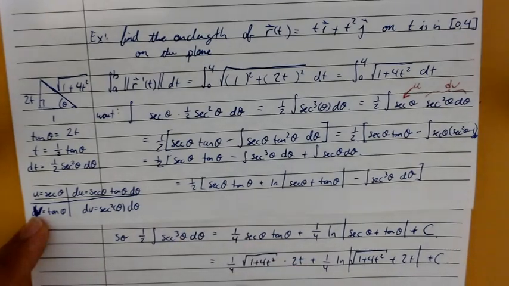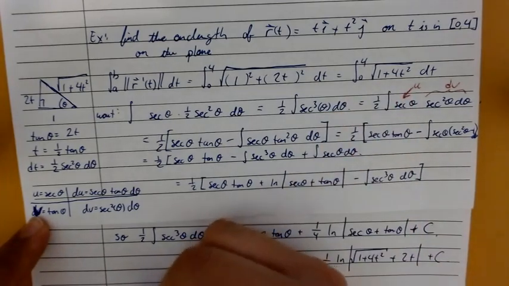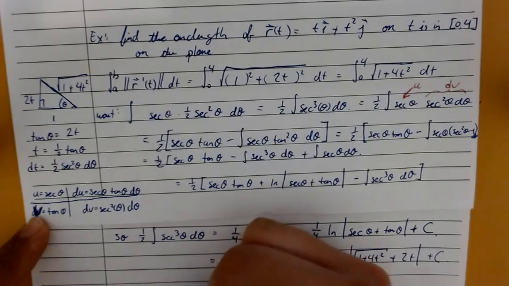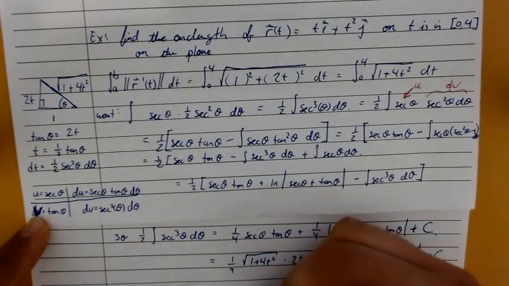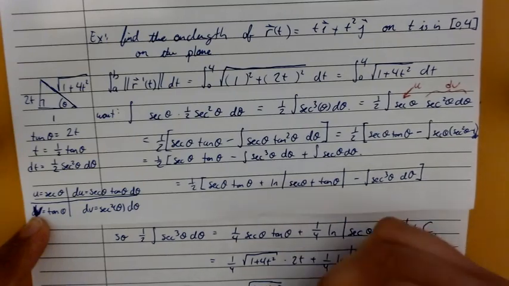So now that we're back in terms of t, that means that our integral from 0 to 4 of the square root of 1 plus 4t squared turns out that was all of this stuff: 1/4 square root of 1 plus 4t squared times 2t.